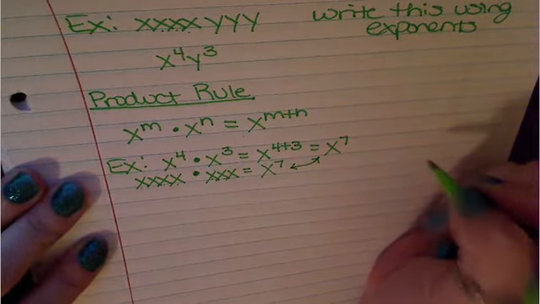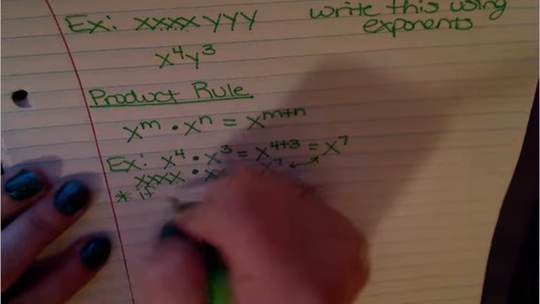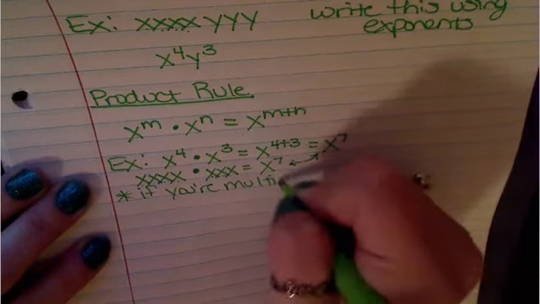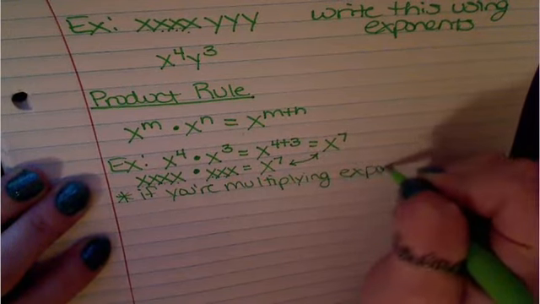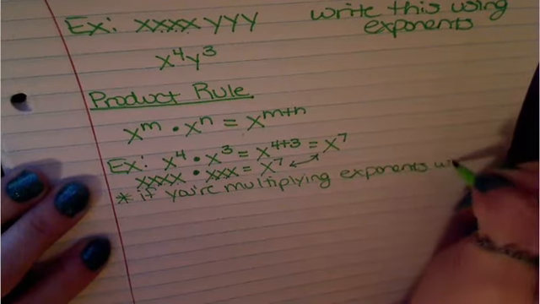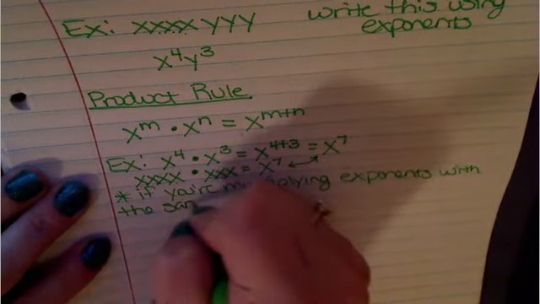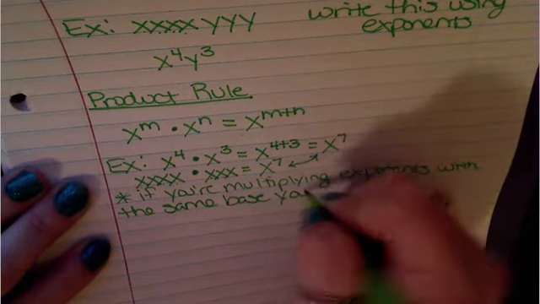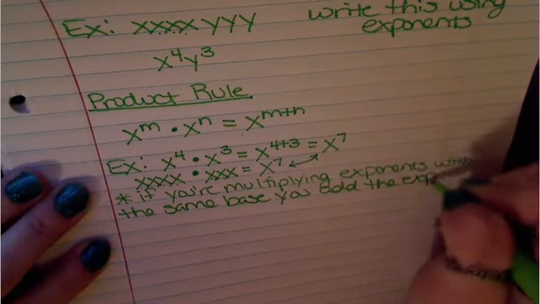So if you're multiplying exponents with the same base, you add the exponents. It's exactly what we just did.